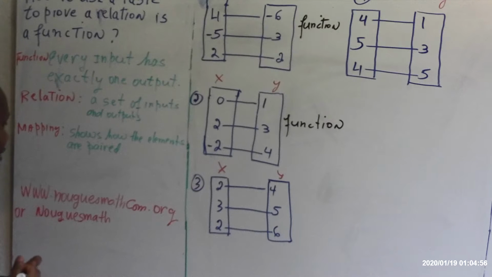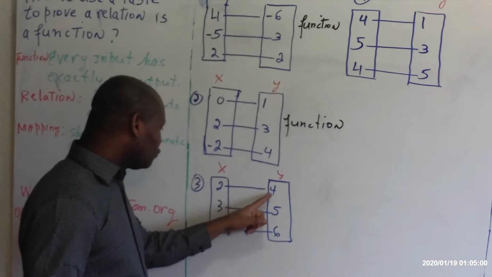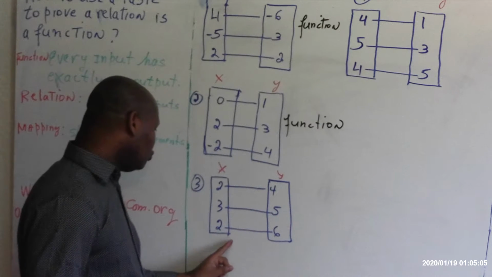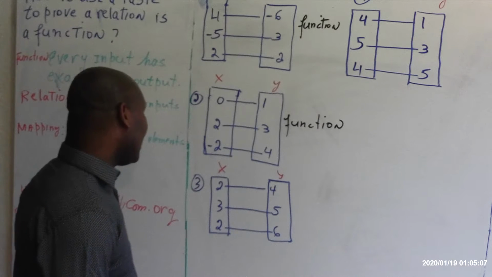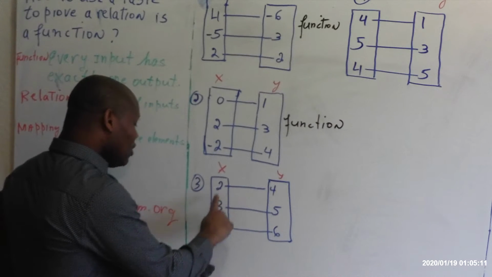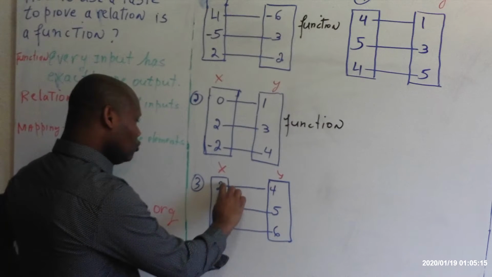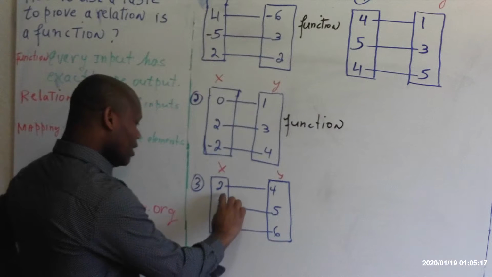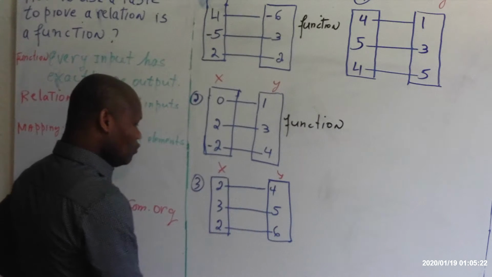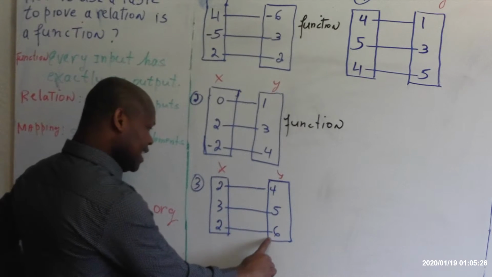The third exercise. Let's see. We have 2 maps to 4, 3 maps to 5, 2 maps to 6. We have a problem right here. We have a 2, and here we have another 2. Because we have two identical numbers, they are the same, but they map to different y. You see, 2 maps to 4, the same 2 maps to 6.